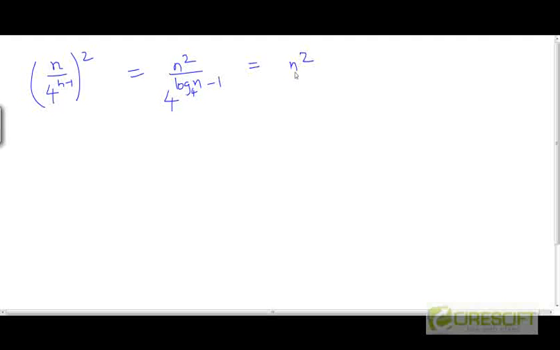This is going to be the square of this. So this is going to be 1/4 of n. Right, this 4 to the power minus 1 can be written as 1/4. And then we have 4 to the power log of n base 4, which is nothing but n. So if we square this, n square and n square are going to cancel out and we'll get 16.